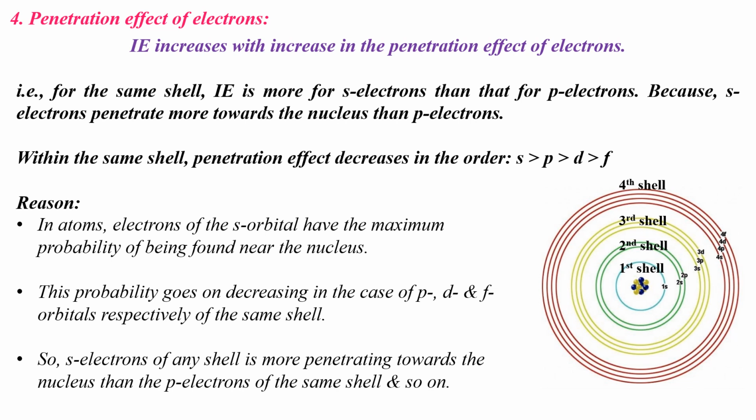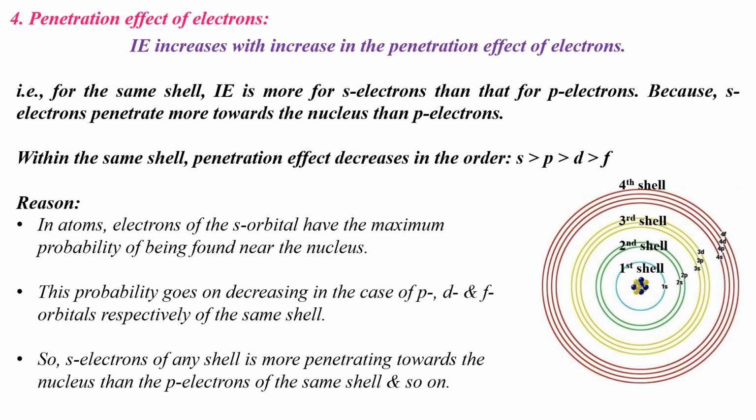Now, how does this affect the ionization enthalpy? Let's see. We know that in multi-electron atoms, electrons of the s orbital have the maximum probability of being found near the nucleus. We learned this in chapter 2. Remember? This probability goes on decreasing in the case of p, d and f orbitals respectively of the same shell.